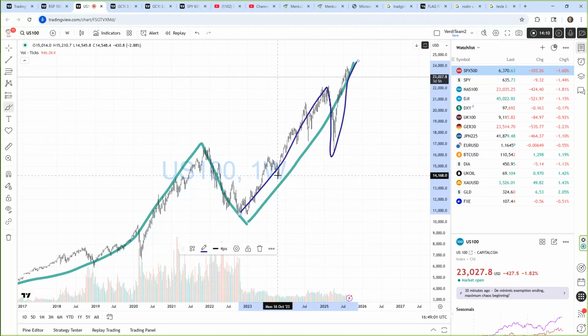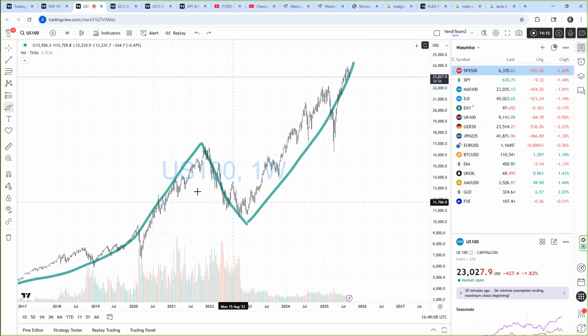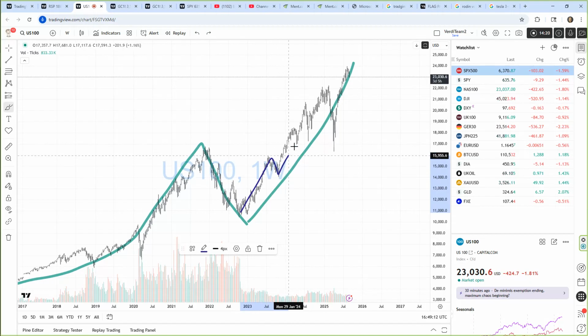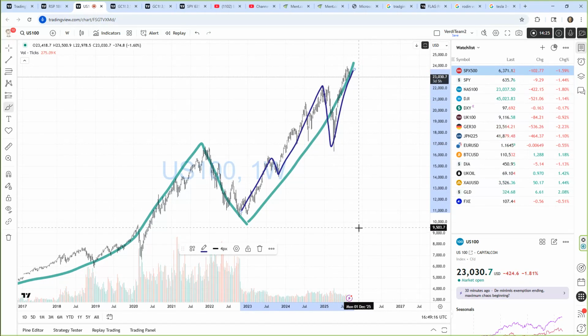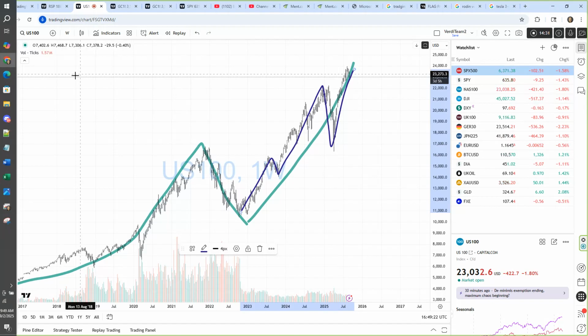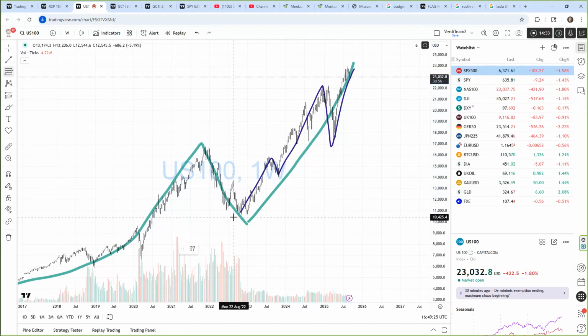We have this moderate pullback here. We had a number of pullbacks here. And in reality, the true count, in my opinion, is A, B, C, D, E. And the reason this is so important for you to understand is look at, again, these ranges.